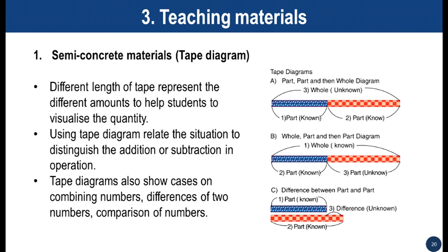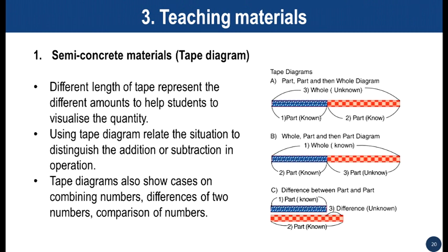Here shows different length of tapes represent the different amounts to help students to visualize quantity. Using tape diagram relates the situation to distinguish the addition or subtraction in operation. Tape diagrams also show cases on combining numbers, differences of two numbers, and comparison of numbers.